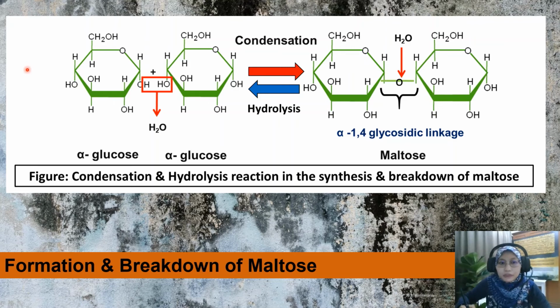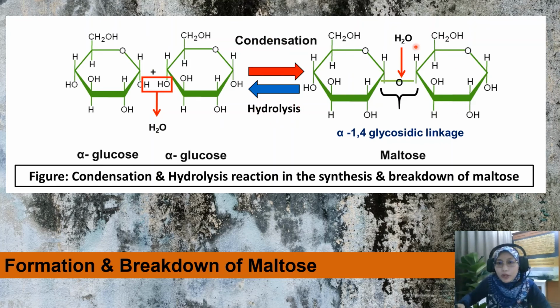This figure shows how the condensation and hydrolysis reactions take place in the synthesis and breakdown of maltose. We start with the two alpha glucose monomers, show the removal of a water molecule from the two monomers, and show the two arrows which represent condensation and hydrolysis.